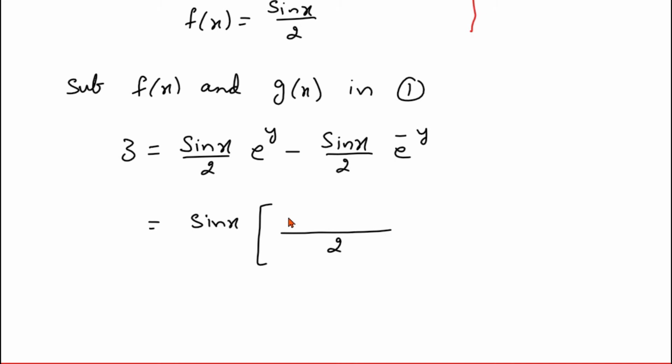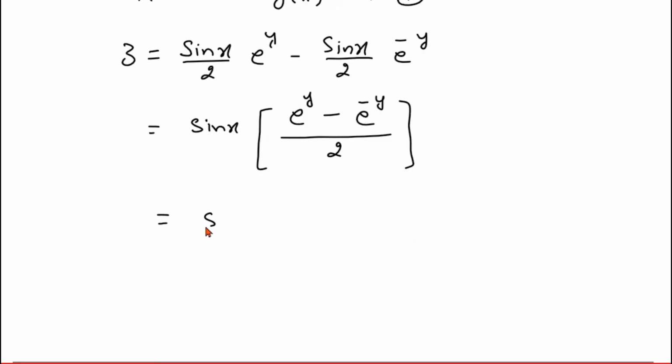So you'll be left with only the numerator e power of y minus e power of minus y. So it is sine of x into, because it is minus sign over here, you'll be getting sinh, the variable is y. So the final solution will be z is equal to sine x into sinh y.